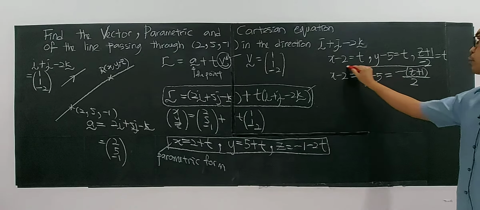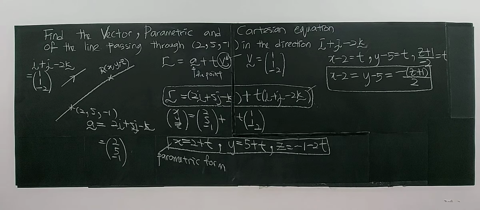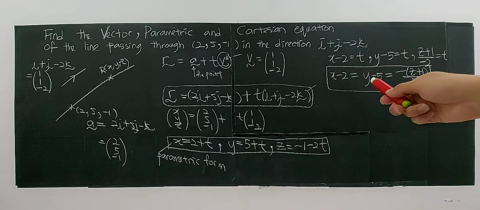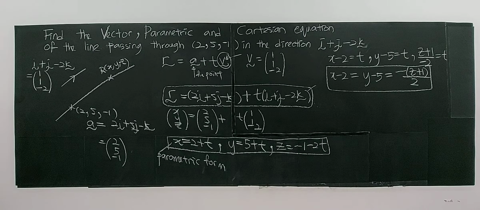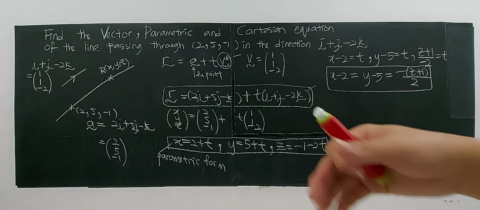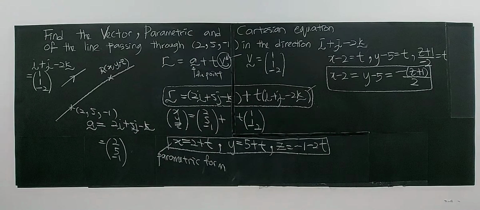This is the equation without the parameter, and we name it the Cartesian equation, as Cartesian is famous with x, y, z. So this is the Cartesian form, vector form and parametric form, all bringing the same meaning: they represent the equation of the straight line in three-dimensional space. I hope you understand. Let's go to the next video for the next example.